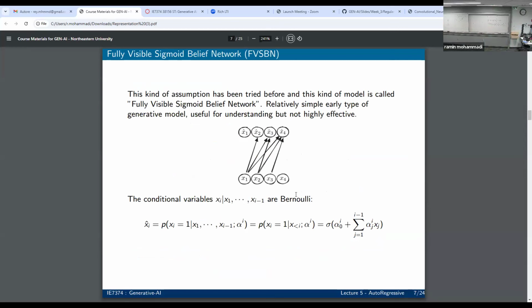If you want to make the x1 prediction, it doesn't depend on anything. The x2 prediction only depends on x1. x3 depends on x1 and x2, and so on. Every line has its own weights, and there's a bias term that is added later. Is that clear? All right.